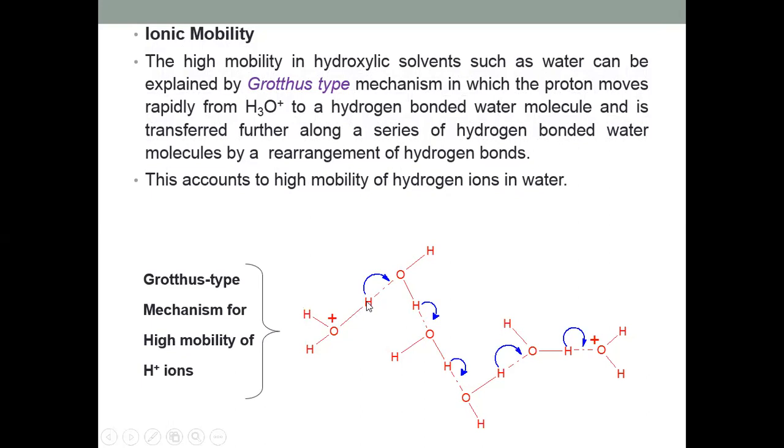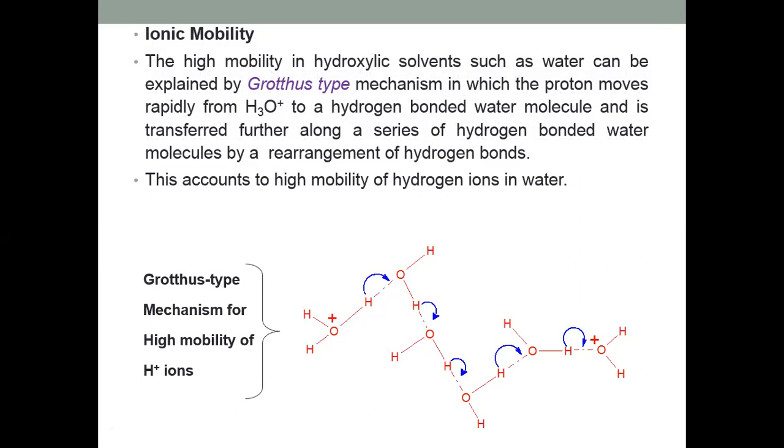And then, let's say this H ion is the hydrogen bonded one, and now this H ion can easily be transferred to the next H2O molecule by just the rearrangement of the hydrogen bond, and then further this H ion can move to the next water molecule. So in this way, proton just hops from one molecule to another molecule, right?